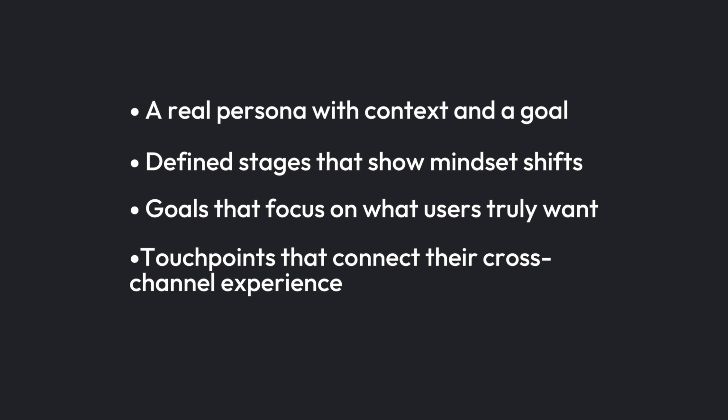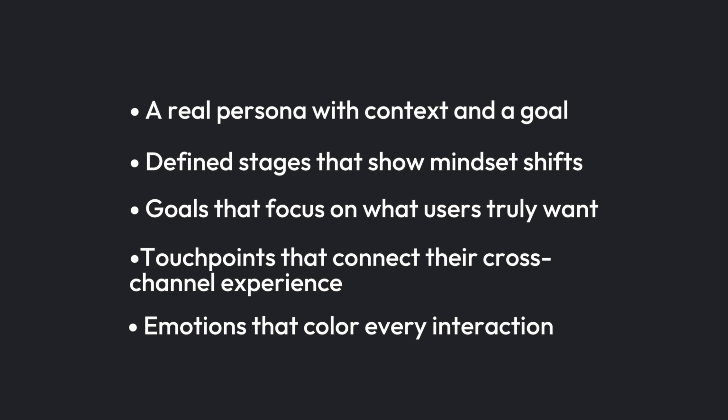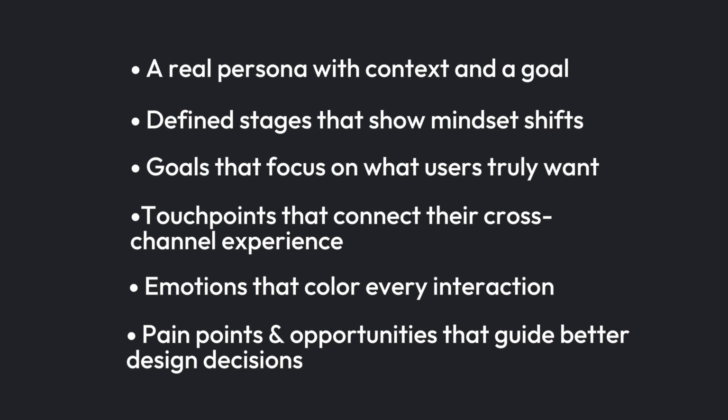It has touch points that connect their cross-channel experience, emotions that color their every interaction, pain points and opportunities that guide better design decisions. By following Sarah's story, we have transformed a list of UX terms into a human narrative. That's what journey mapping is all about, turning data into empathy and empathy into better experiences.